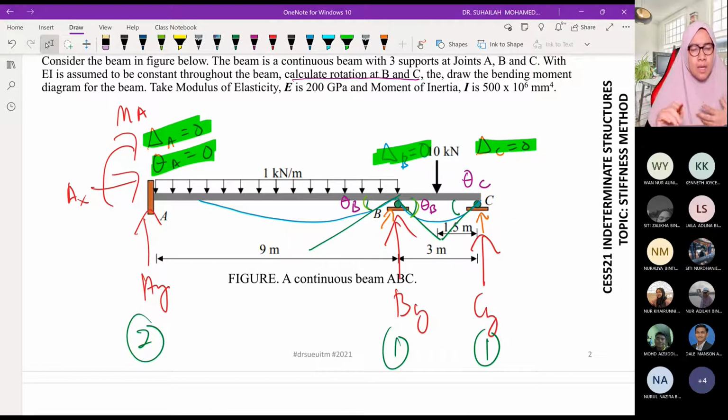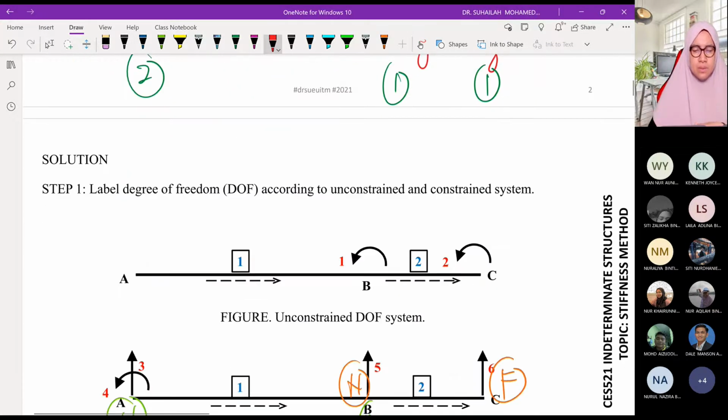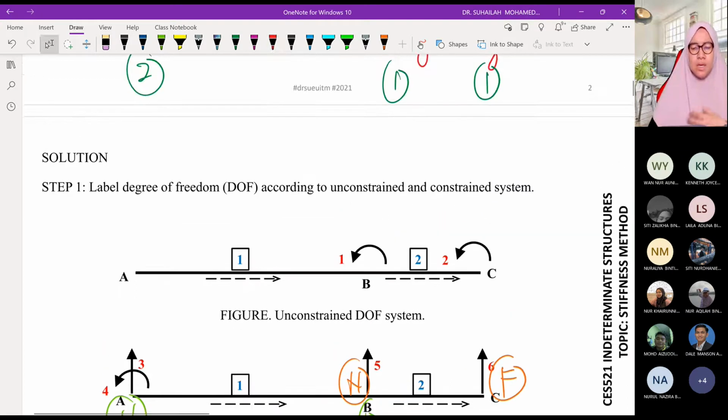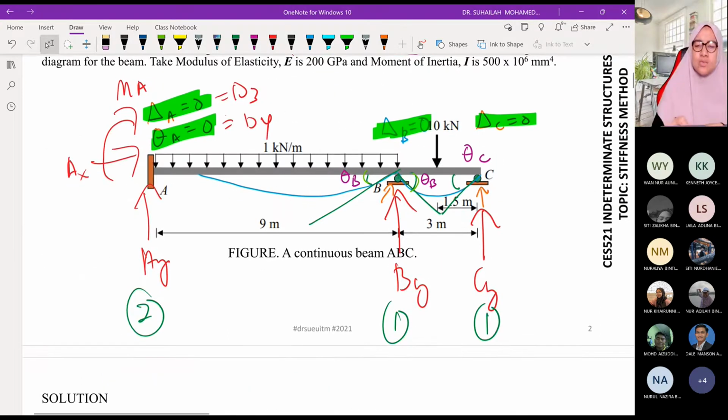So D3, D4, D5, D6. So dia akan based on kita punya label lah. So this will be D3 actually. This will be D4. This one is D5.